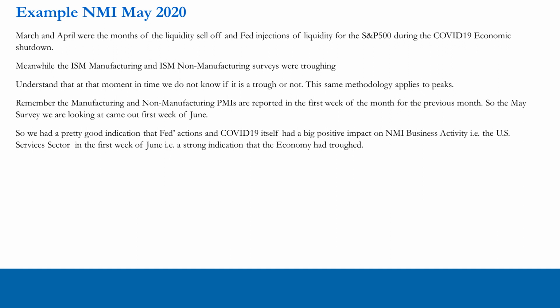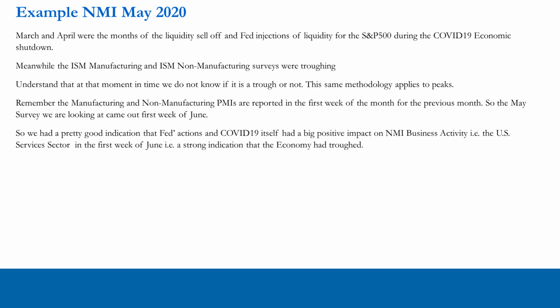So for the April survey, first week of May, that's the time of the release. We don't know at that moment in time that it's a trough. We only know that it's a potential trough if in the following month there's a higher reading for the composite and the component data. And that report was for May, which is the one we've been looking at, and that came out in the first week of June.